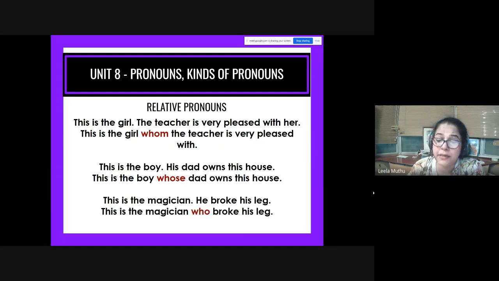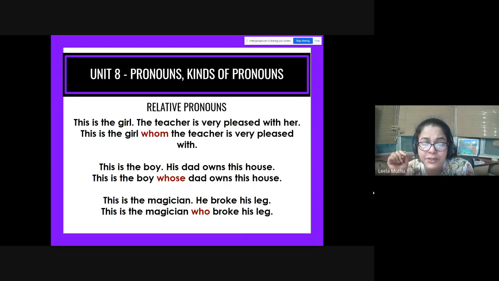This is the girl. The teacher is very pleased with her. Now the word her is referring to the girl. It's a connected sentence. So let's see how you can make it into a complete sentence with just a relative pronoun joining the two sentences. Now remember the second half of the sentence has a pronoun, her, but we don't want to have her in the sentence at all.